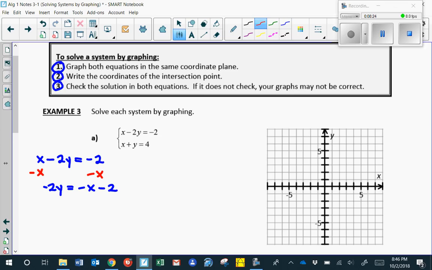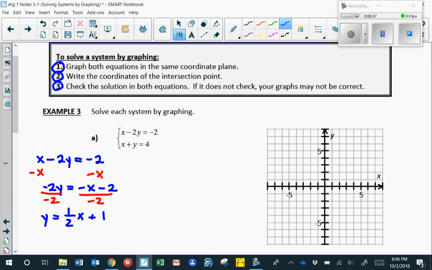And then divide both sides by -2. And that gives us y is equal to positive 1/2, since -1 divided by -2 is positive 1/2, times x plus 1, since -2 divided by -2 is positive 1.